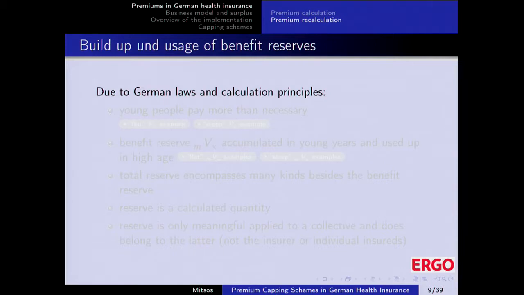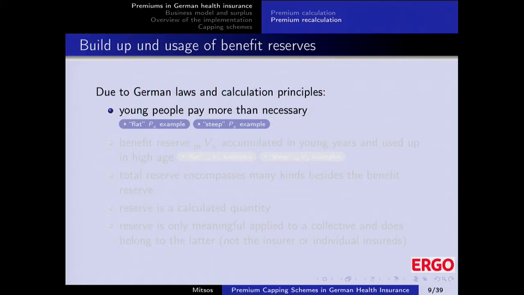This means if you have 10% risk loading, you have got to keep this 10% for the whole life of the insured person at 10%. You may not arbitrarily change it in the future. So, we have seen that the premium calculation is as it is. We can decide on almost nothing.